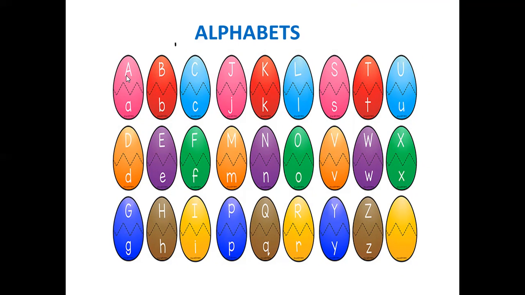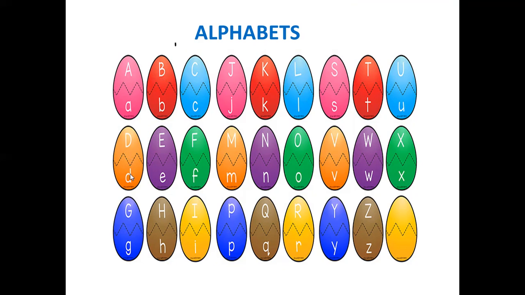This is a letter A, and this one is a small letter a. B, small b. C, small c. Try to recognize it, okay, dear little learners?